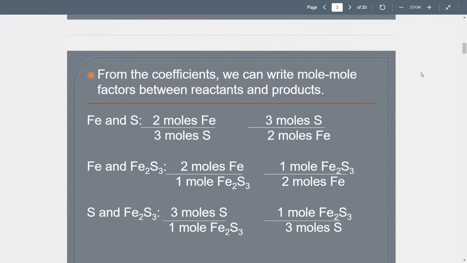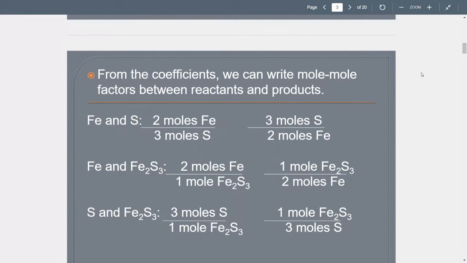So whatever 2 you're comparing, you'll get 2 ratios out of that. They're just kind of the inverse of each other. And the one that you choose when you're going to start converting will make a little bit more sense once we use this in an actual problem. But in the first case, 2 moles of iron over 3 moles of sulfur, you would use that if you were starting in moles of sulfur.